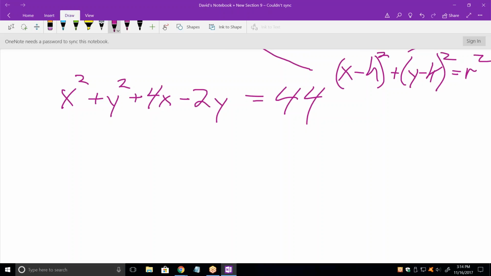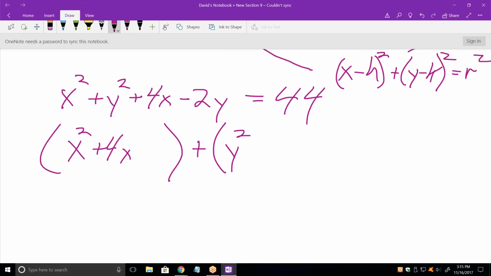Okay, the first thing we do is x squared plus 4x, and then these are parentheses. Leave room to complete the square. In other words, you know you're going to have to complete the square. Plus y squared. Keep going.